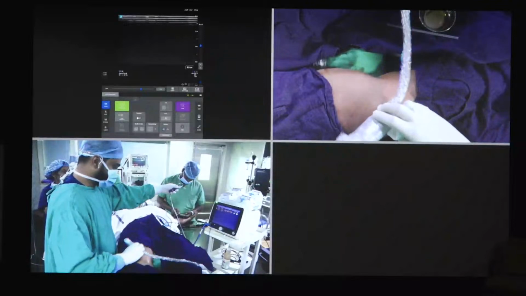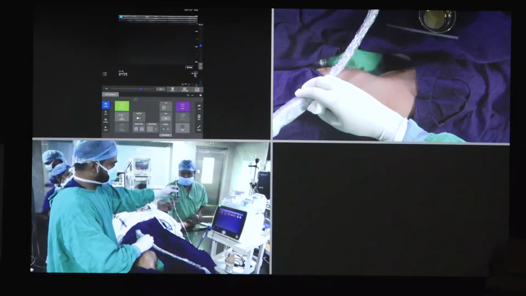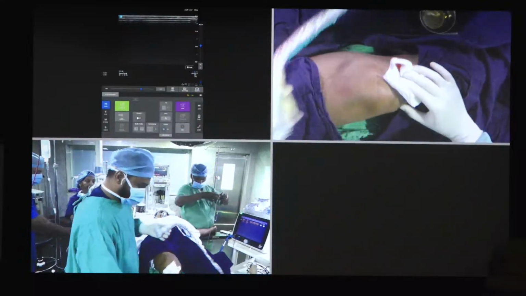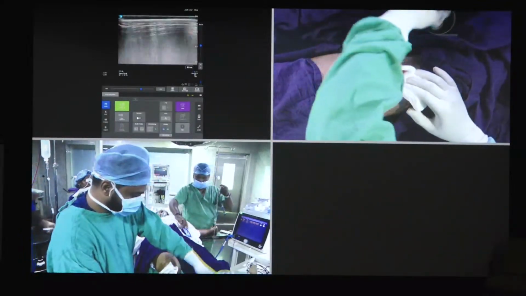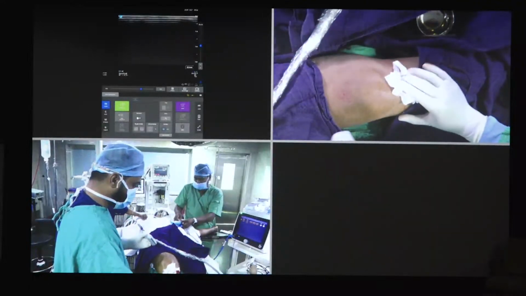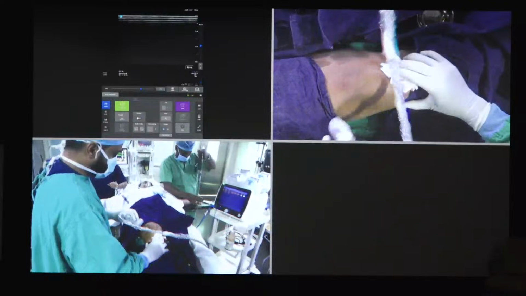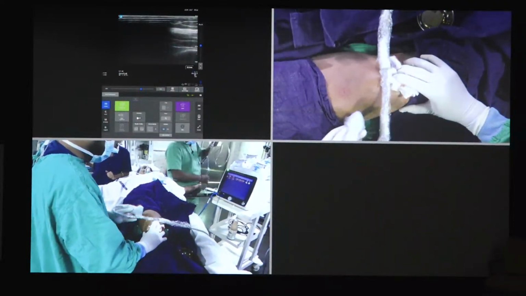Okay, you can take this. So usually to do blocks or RF ablation of the superolateral genicular nerve, you need to just do a slight internal rotation of the leg.